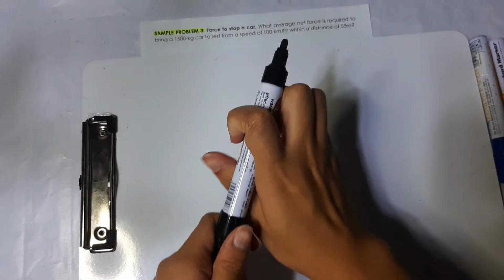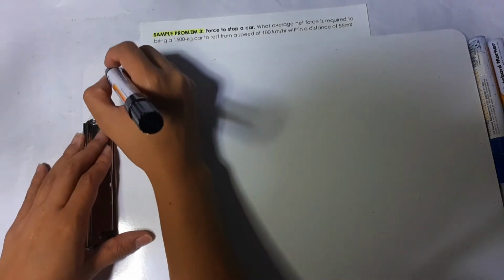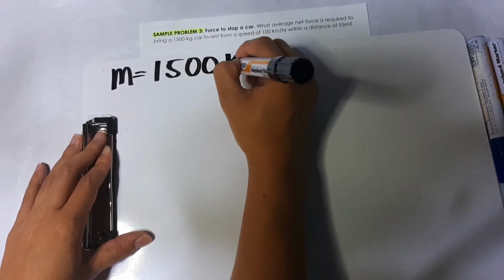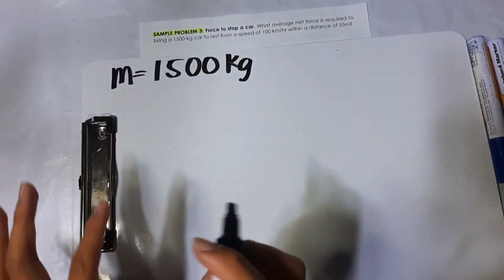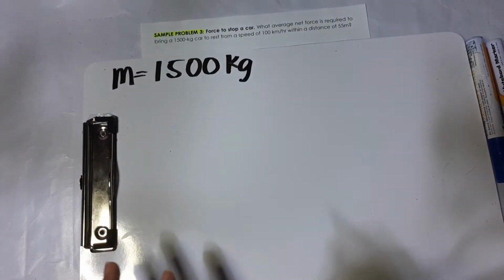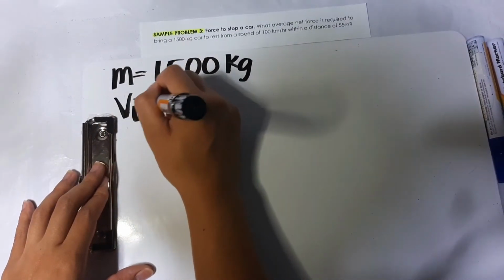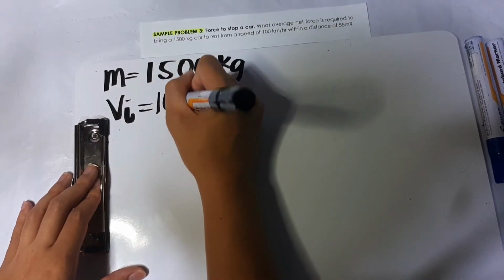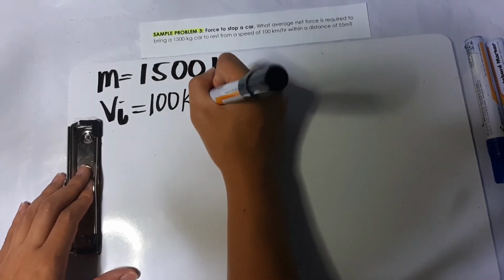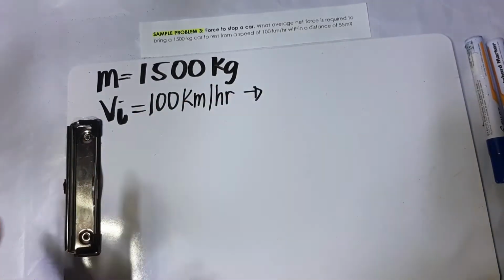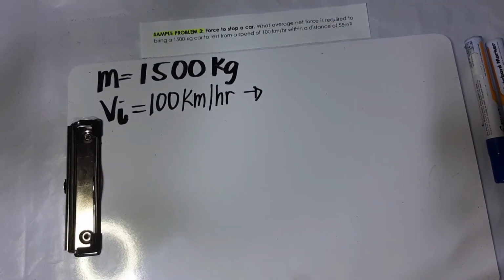Again, let's write first the given of the problem. We have the mass with the value 1,500 kilogram, the speed, which is 100 kilometers per hour. That's the initial velocity. Let's convert that to meters per second.